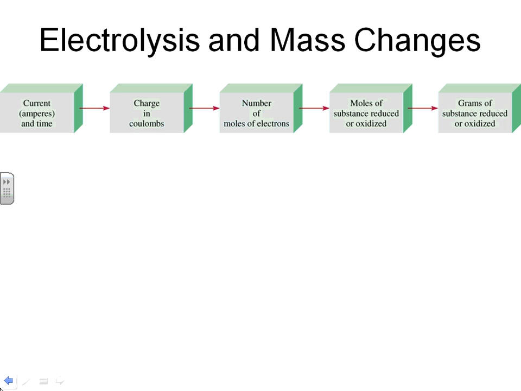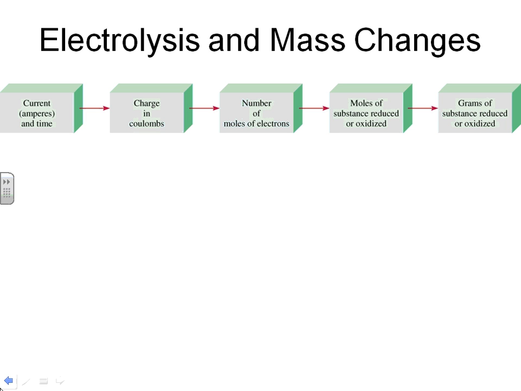If you have any jewelry that's gold plated, silver plated or platinum plated, it was generated through electrolysis by coating the outside of an object in that metal. A calculation we can do is figure out how long it will take this cell running to plate a certain amount of metal onto an object. It doesn't have to be plating. It can also be used to just generate the metal, period.